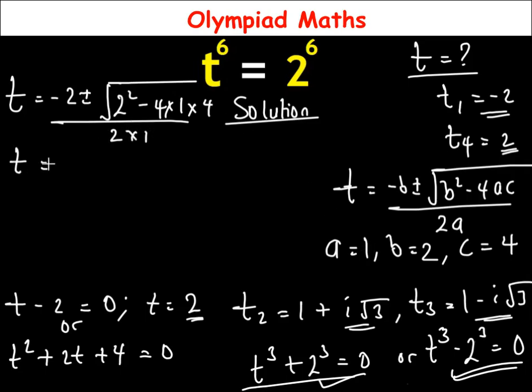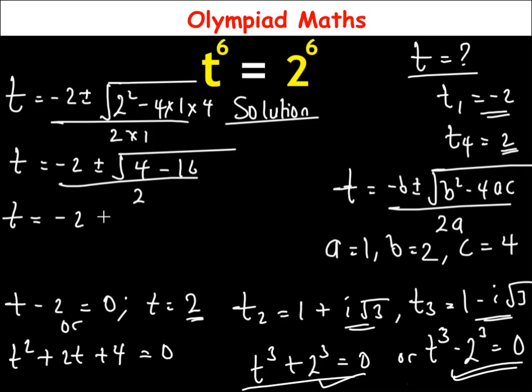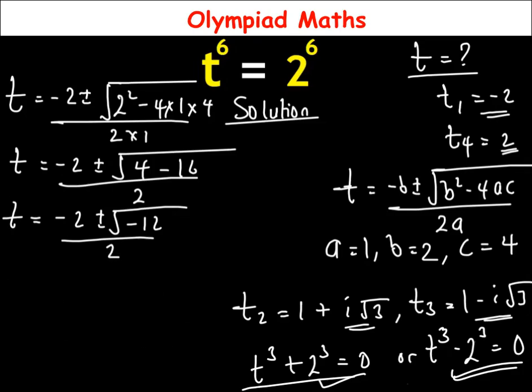So t is equal to minus 2 plus or minus square root of 2 squared, which is 4, minus 4 times 1 times 4, which is 16, all over 2 times 1, which is 2. So t is equal to minus 2 plus or minus square root of 4 minus 16, which is minus 12, all over 2.